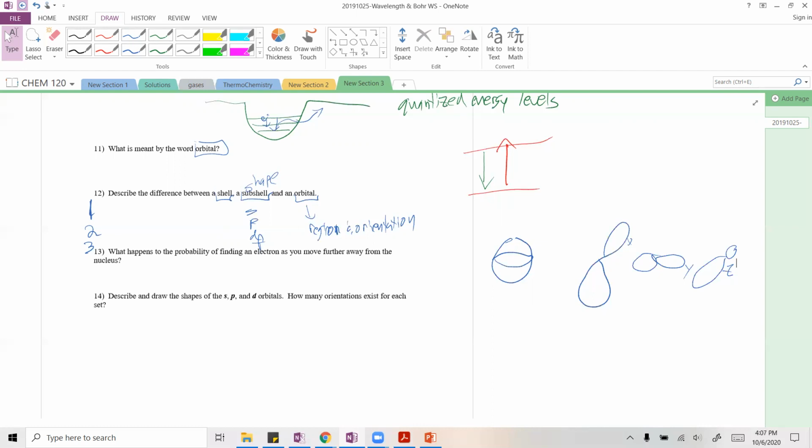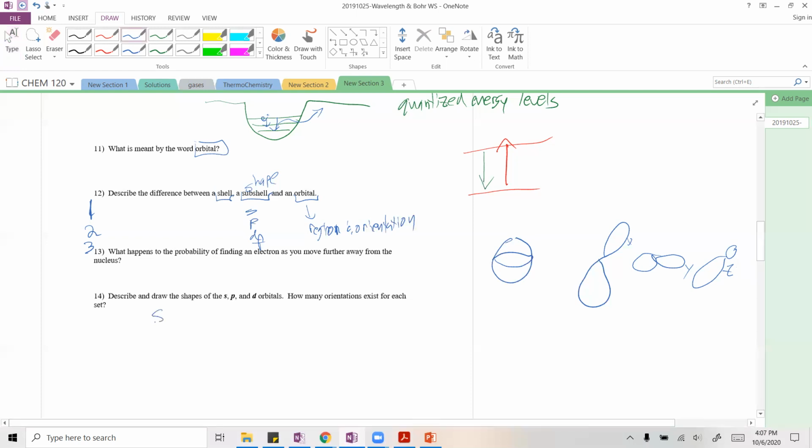Now, there is electron-electron repulsion that gets involved in that process, and so we do see shielding that happens from other electrons. But the general idea is that the farther away from the nucleus we get, then the probability of us finding electrons begins to decrease and decrease.